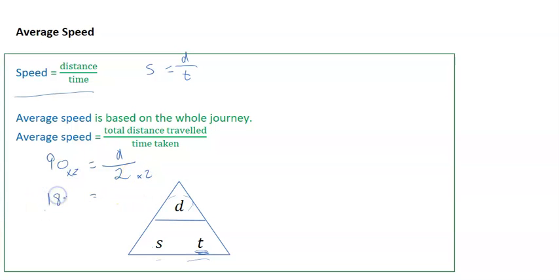So that means 180 equals the distance, and that's in kilometers, let's say. Okay, so every single time you can always find out the third missing bit of information. To remember the formula really easily, that's where this triangle comes in. So if I'm missing the speed, I just cover that with my finger, and I can see this is actually the formula.